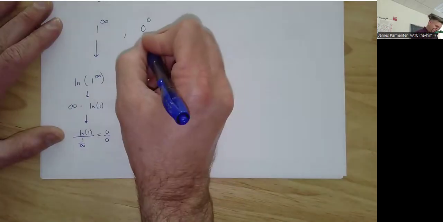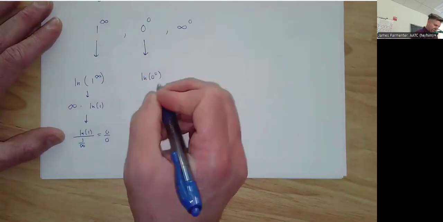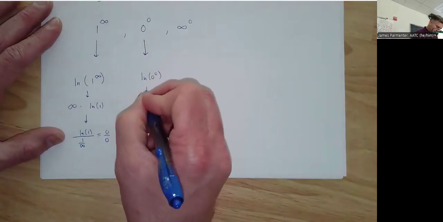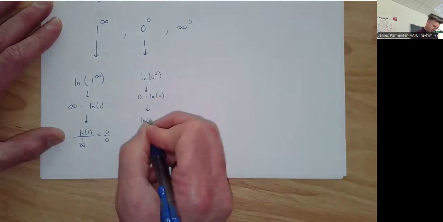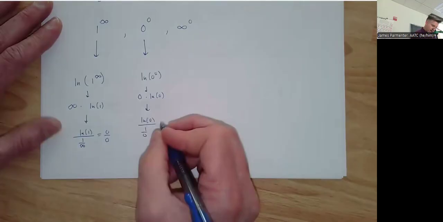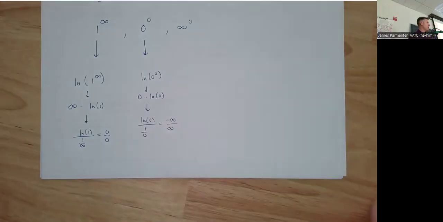Similarly, for 0 to the 0th power, if you take the natural log, the 0 comes down in front, you get 0 times natural log of 0. Bring the 0 down to the bottom, you get natural log of 0 divided by 1 over 0, but that's a negative infinity over some sort of infinity type. Right, because natural log of 0 goes to negative infinity, and 1 over 0, depending on the type of 0, is some sort of infinity.